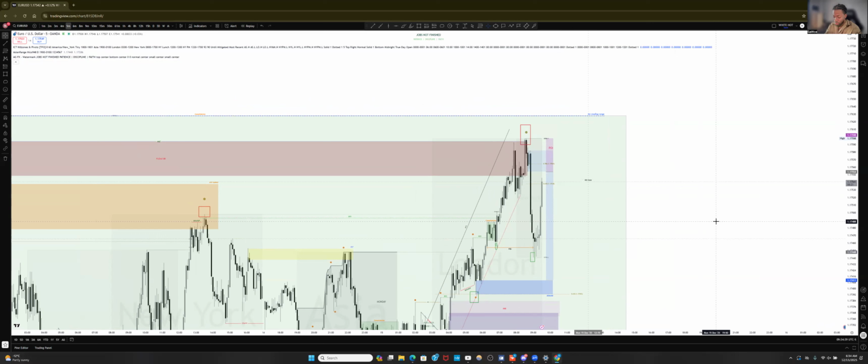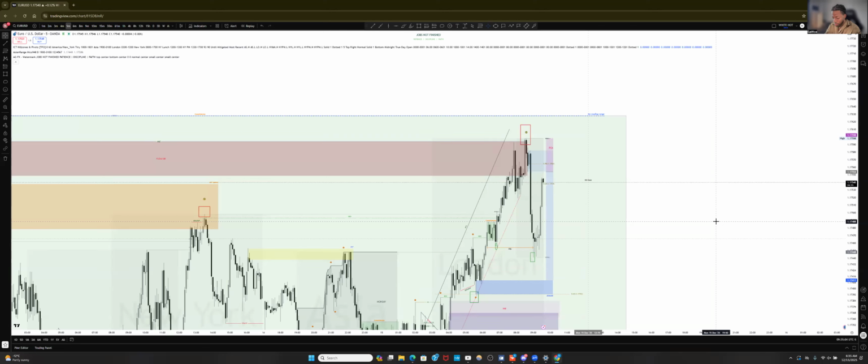So I'm going to see if I can also look for a position with my live account. But for this live account, what I'm going to do instead is wait for a second entry, a confirmation entry, to then take the trade.